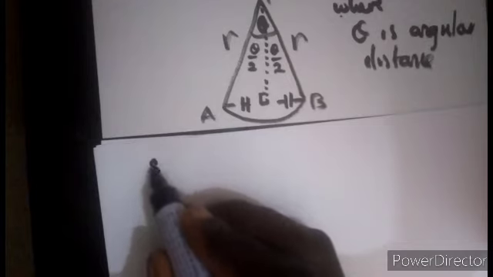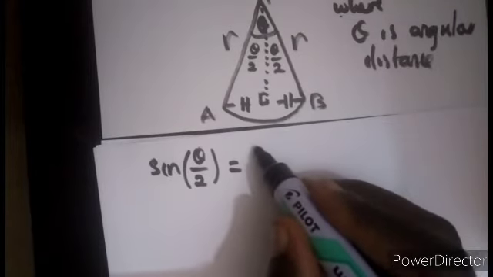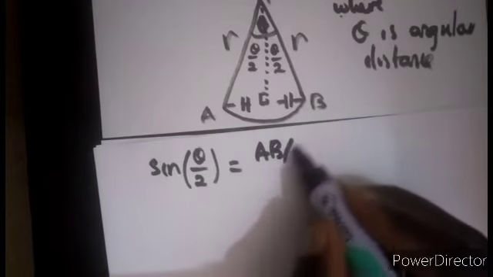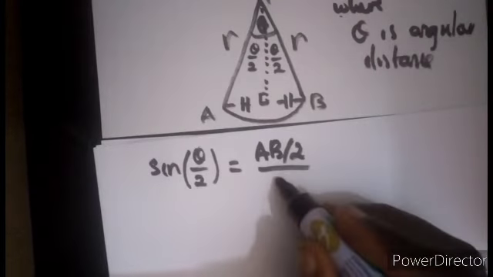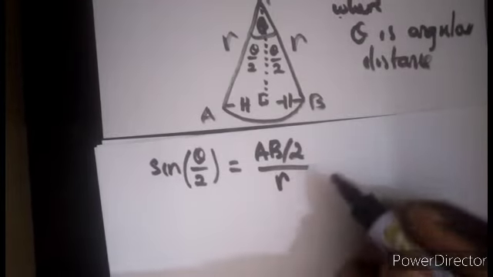So we are going to have sine theta over 2 is equal to the opposite, which is what? Half of AB all over the hypotenuse, which is r.